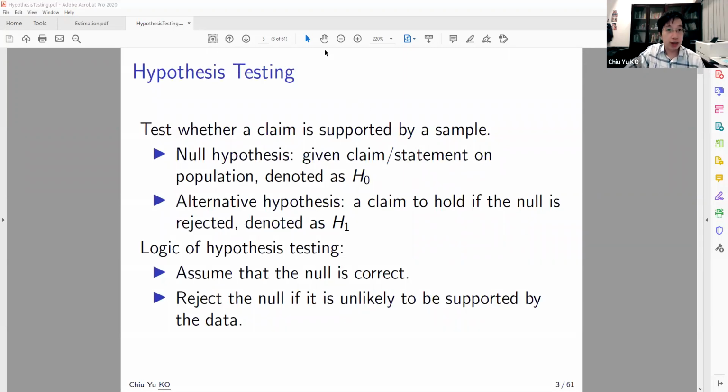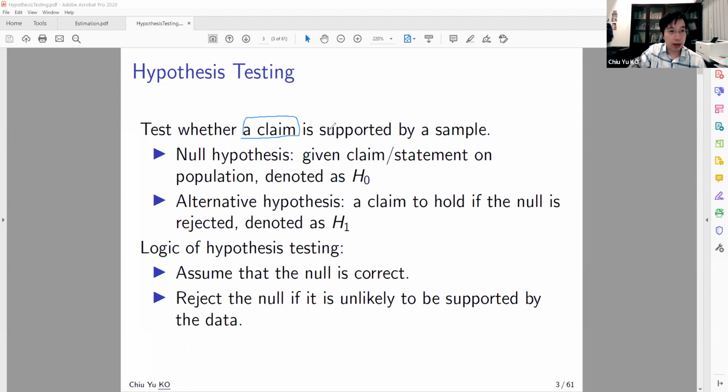So in general, hypothesis testing is where we try to see whether a claim is supported by a sample. Do note that there's a subtlety here: we are saying that a claim is supported by the outcome of a sample.